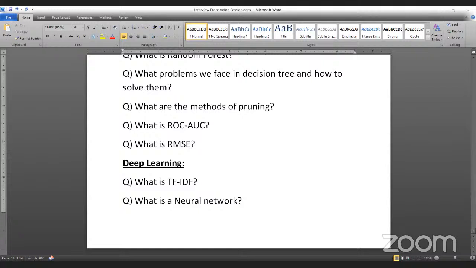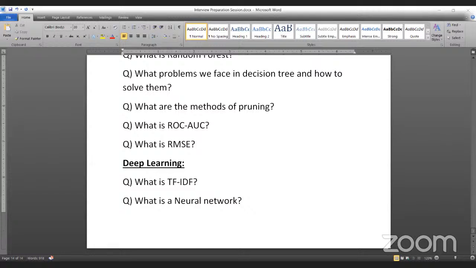This neural network in deep learning, or you can say data science, aims to imitate a human brain.